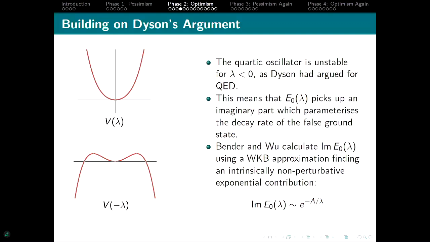So it's an unstable potential, it's unbounded from below. And this means that the ground state energy picks up an imaginary part, which essentially parameterizes the rate of decay of this sort of false ground state. So the decay rate to negative energies.